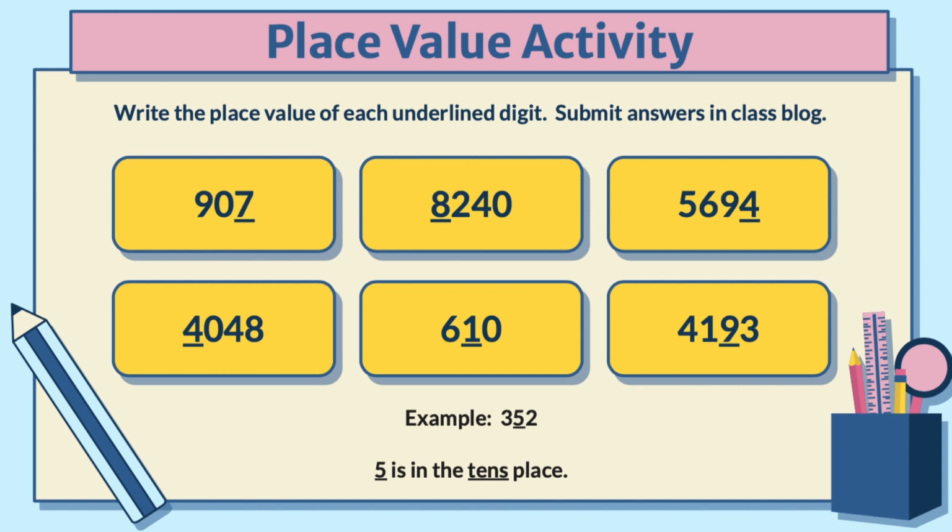So for example, 352, the 5 is underlined. Therefore, the 5 is in the tens place. So go ahead and answer these 6 numbers and pay attention to what digit is underlined. The first one shows us 7, 8, and so on.